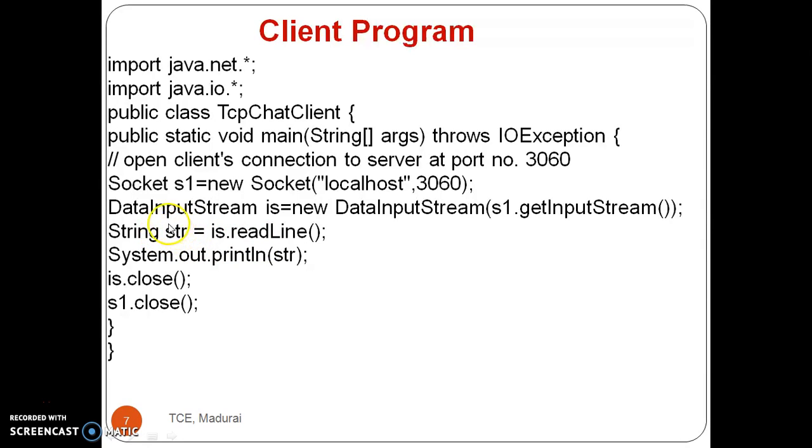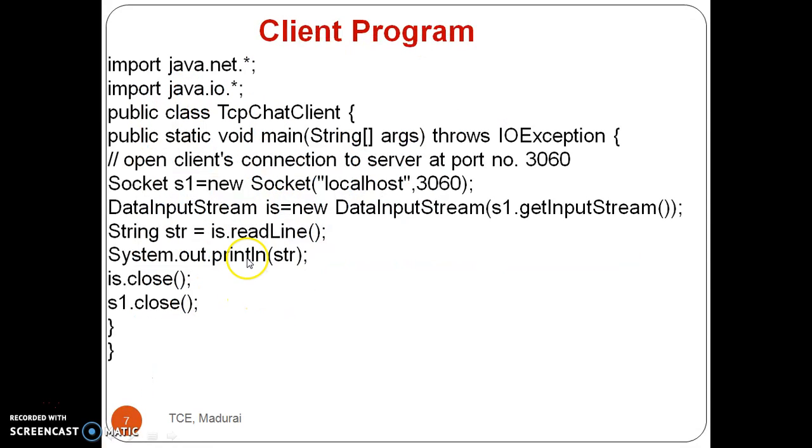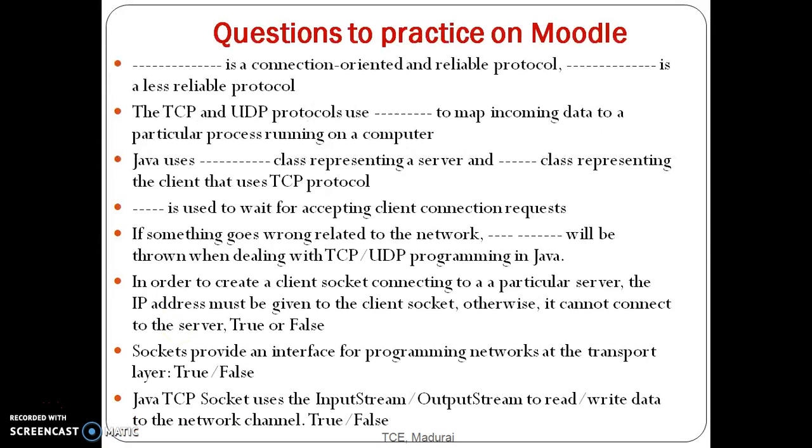Now string object str, which has the message transported by server, can be displayed at the client side. So whatever you are sending here as a message to client can be obtained at client side and displayed by using this statement. Then we need to close the data input stream object and socket.